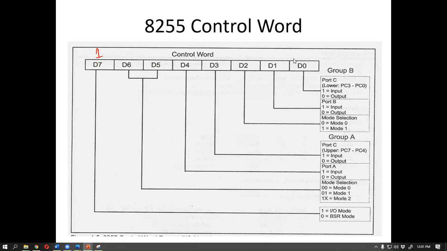And in our program B port is output, so this pin must be 0. If this pin is 1, then port B is all input, but we need port B all output.